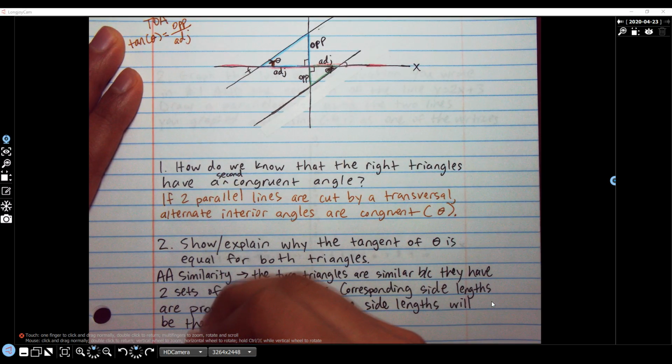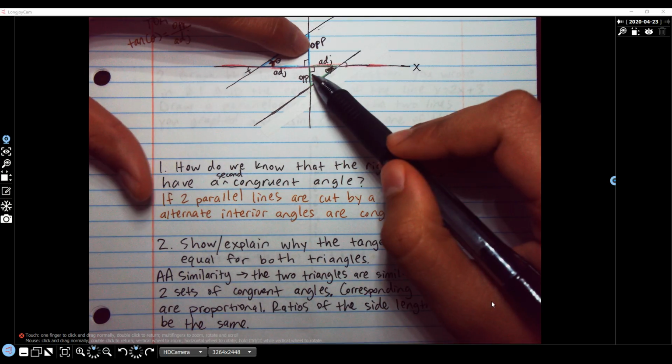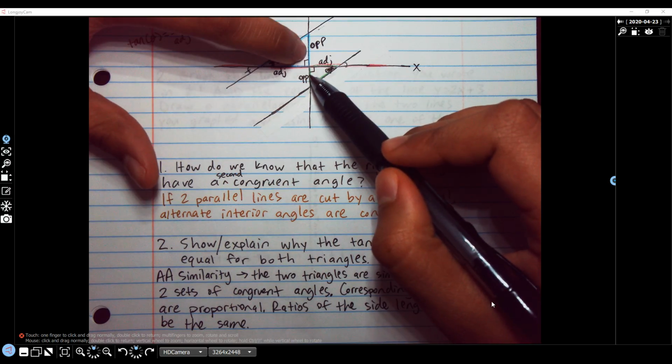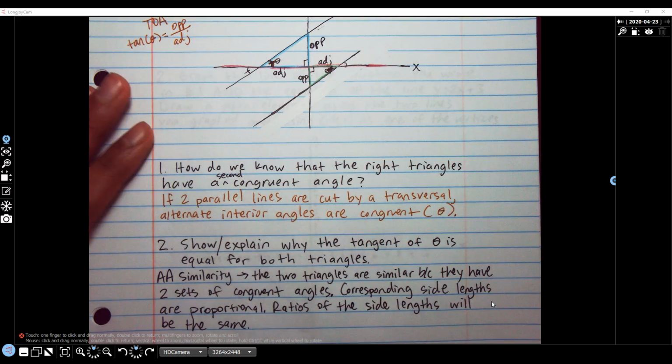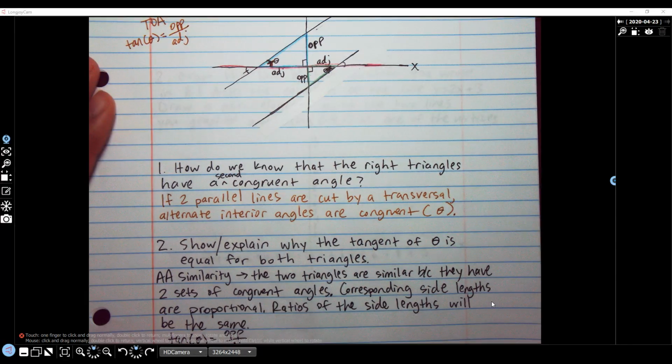So think of, right, if we were to try to find a scale factor here, the ratio of this opposite side to the corresponding opposite side, that's going to help us find our scale factor. And in this case, right, our tangent of theta is equal to opposite over adjacent. So when we think of our tangent ratio, right, it is just another ratio of side lengths.